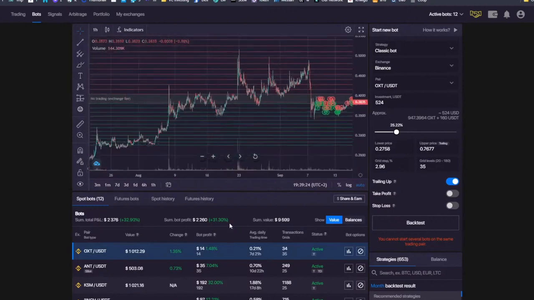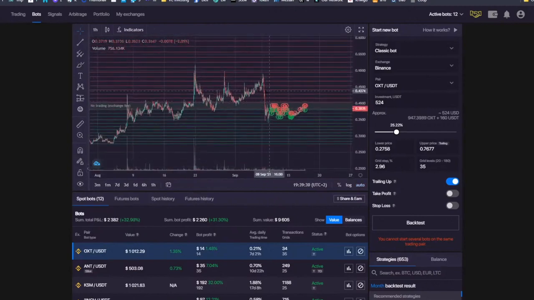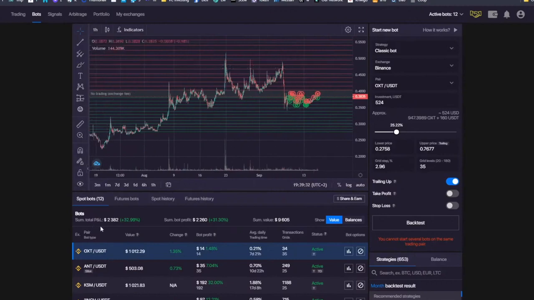So we had this market sell-off, as you remember, as of the 7th of September. So we all incurred some loss here if you were trading back then.